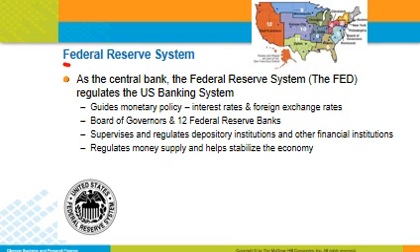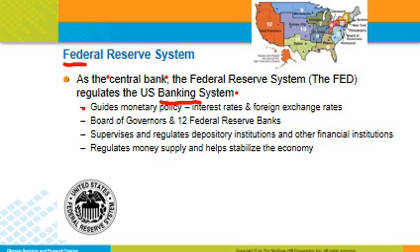This is the Fed. We call it the Fed, F-E-D. It's the Federal Reserve System. It is the central bank of the United States. It regulates the U.S. banking system. It does not regulate the trading on Wall Street. The SEC, Securities and Exchange Commission, regulates that.